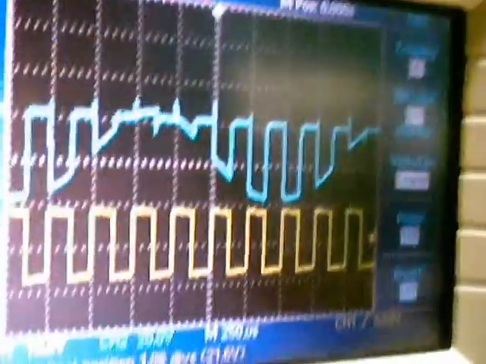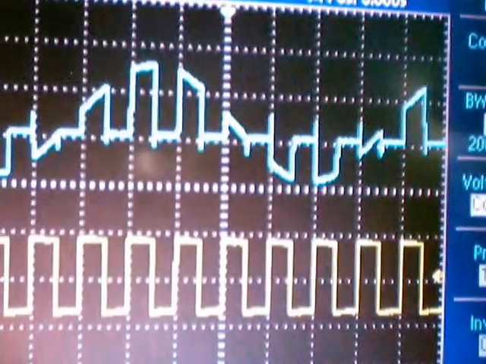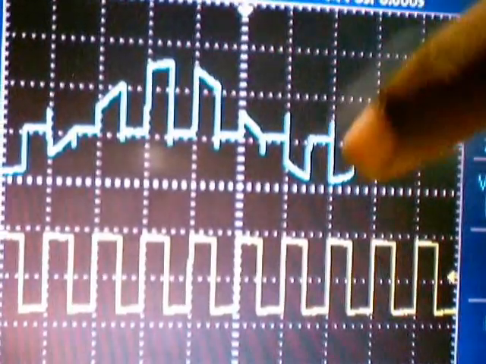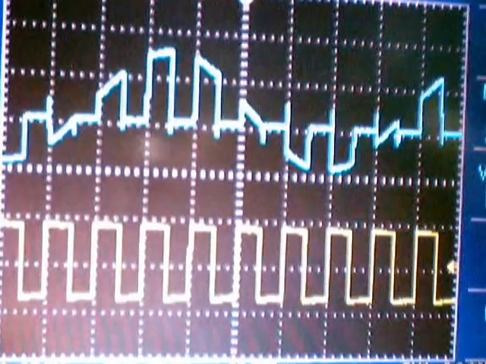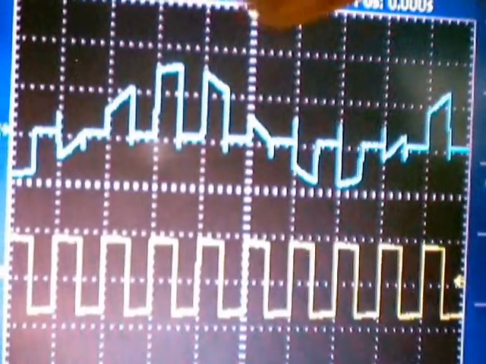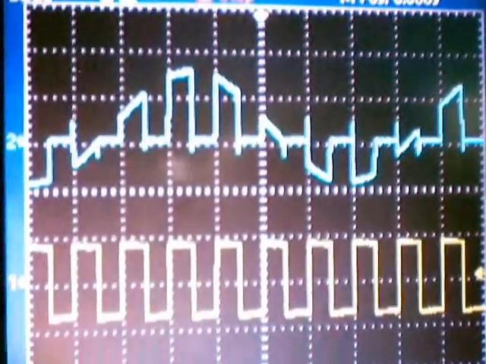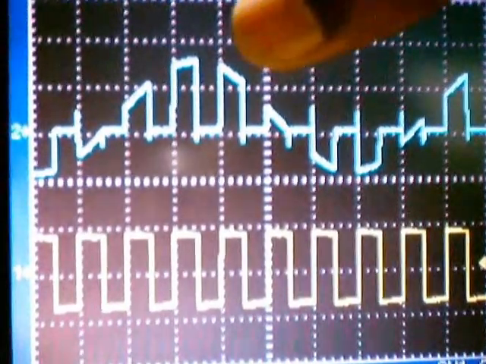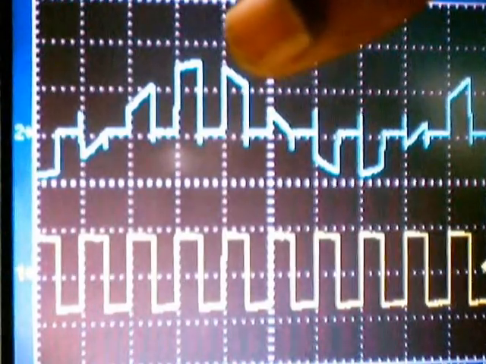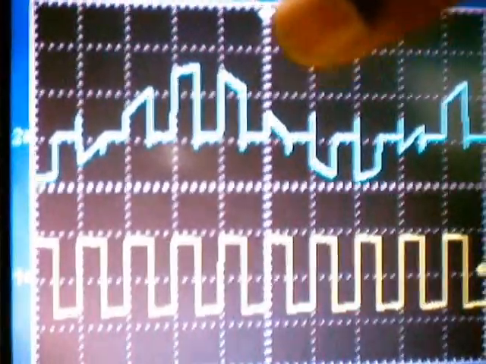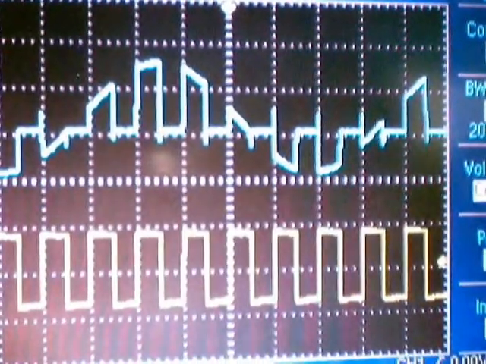Now I am having the output waveform both in the positive half cycle as well as in the negative half cycle. The pulses are not unipolar, so it has both positive pulses as well as negative pulses. Of course there is no problem in modulation also, but whatever we are getting is a pulse amplitude modulation which is a bipolar waveform.